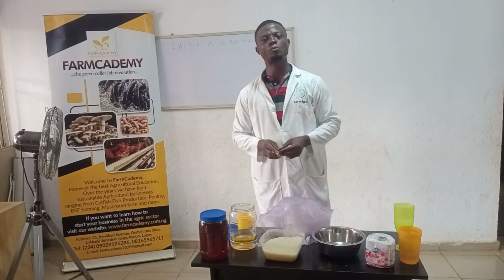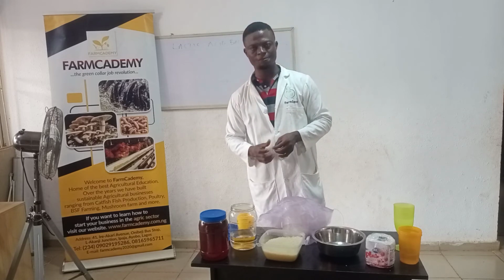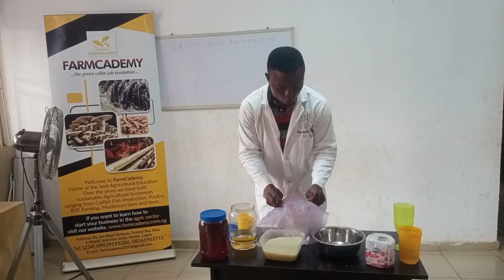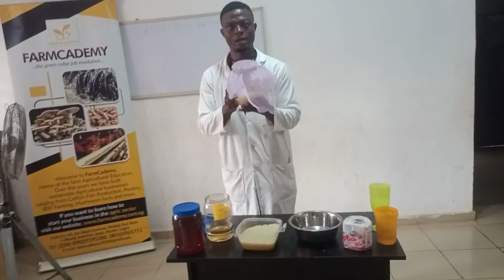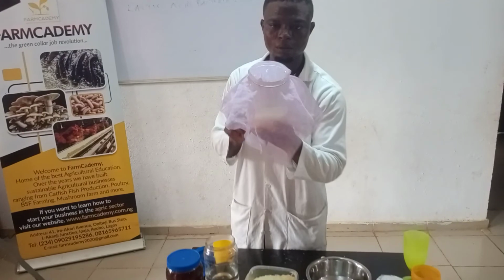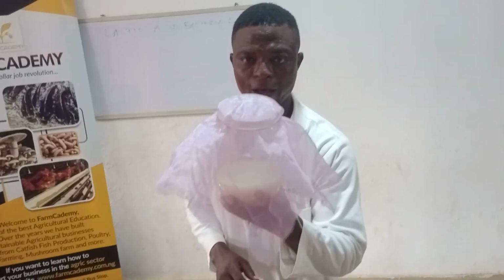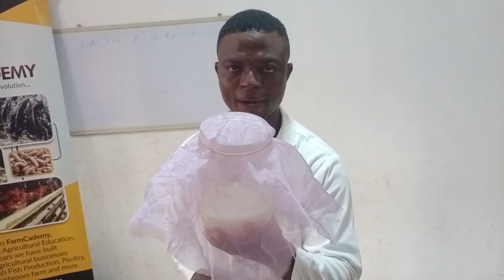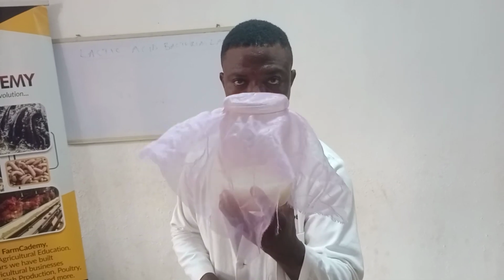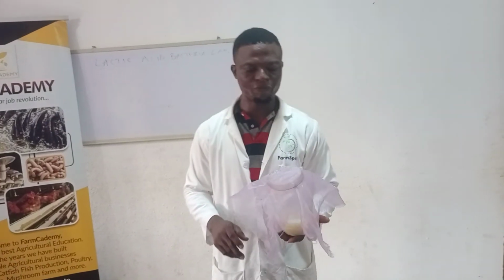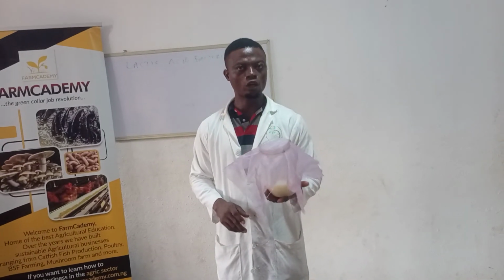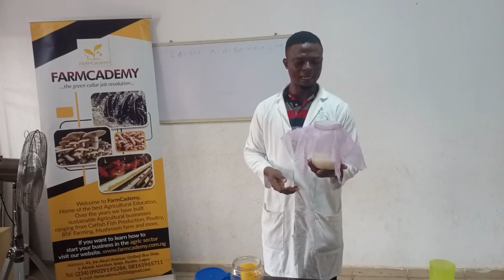Now, you might be asking, why am I covering it? First, I don't want any insects. This is what you will get after I've used the rubber band to hold it to the jar. Now, why am I doing this? It's not as if I did not do this and leave it open, it's not going to work.